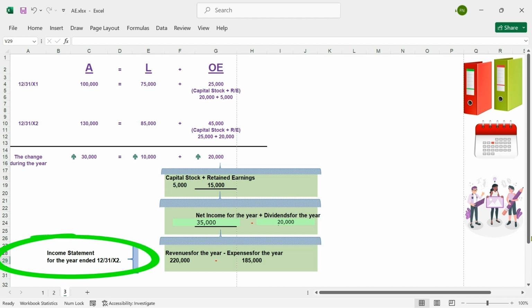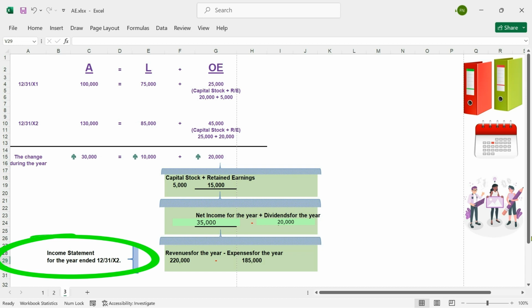The information reflected in the income statement for the year ended 12/31/X2 actually explains why our company grew, at least a partial explanation of the growth in assets of $30,000 during the year.